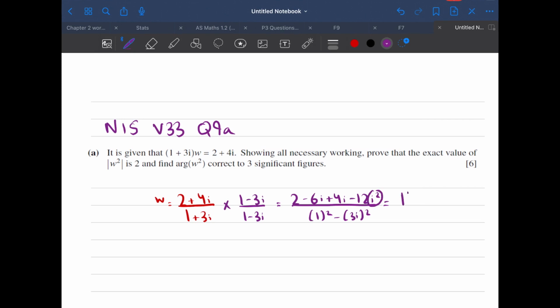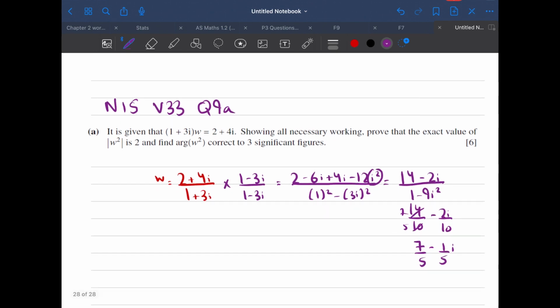So it's going to become 14 minus 2 iota because i square is minus 1. Divide by 1 minus 9i square. So it's going to become 1 plus 9. So 14 upon 10 minus 2 iota upon 10. So my answer will be 7 upon 5 minus 1 upon 5 iota. Did you get this?